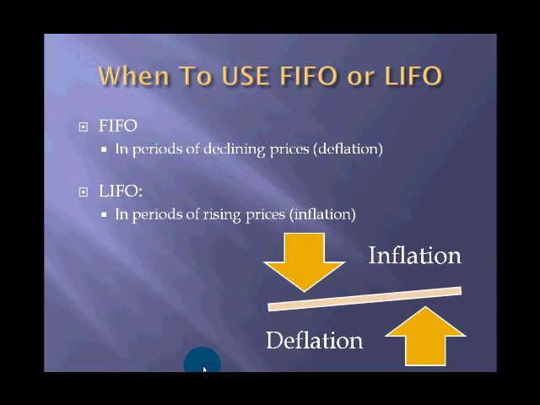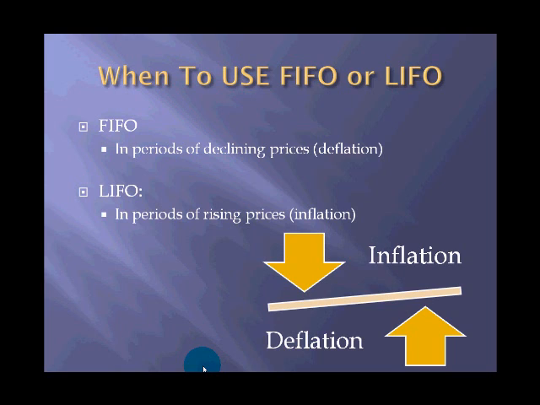Since FIFO and LIFO pertain to the flow of product costs, I believe the answer involves the rate of change in the cost of the products. In other words, if the cost of the company's products is steady, it won't matter whether a company uses FIFO or LIFO.